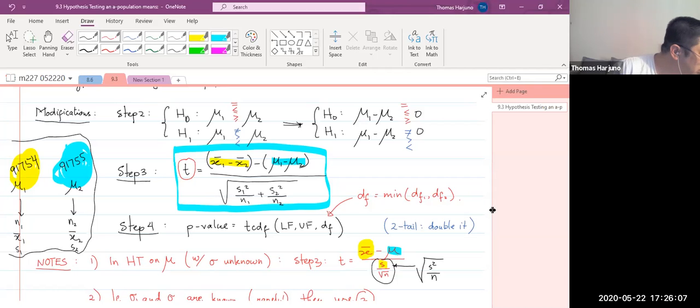Now, I said earlier that the problems you will see here tend to be more realistic, because we are not comparing to what we already preset. We are actually comparing two populations. What do you mean, Thomas? Well, let's say the following.